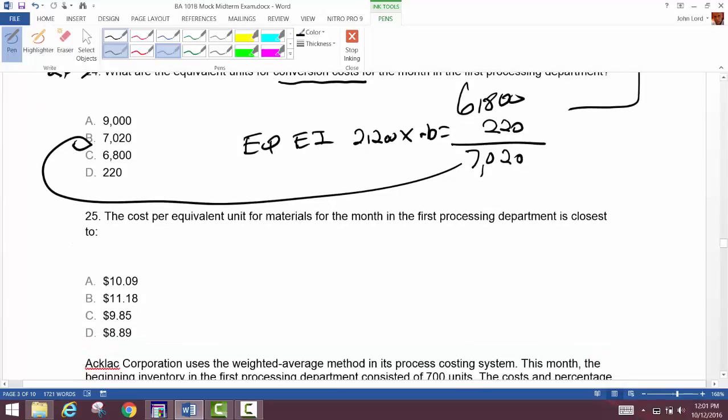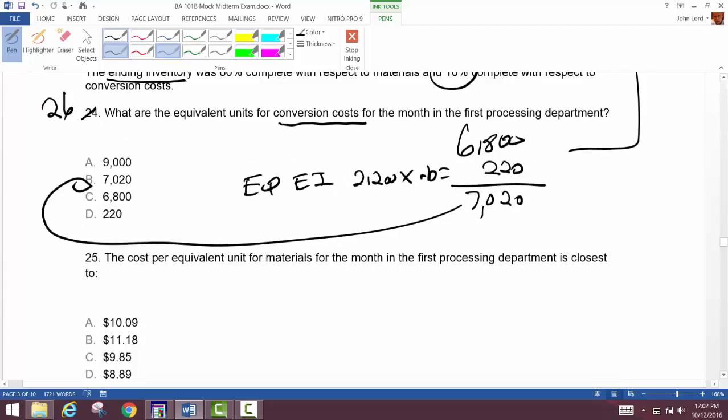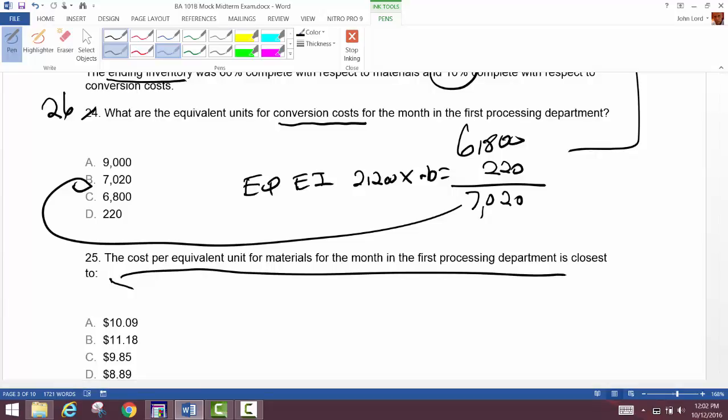Once you got that 7,020, then it was pretty easy. Oh no, then they wanted the cost per equivalent unit, and they flipped on me and asked for materials, didn't they? So I have to get the equivalent units for materials, which again is going to be the 6,800 that were done. But now to get my equivalent units for ending inventory, it's still the 2,200, right?